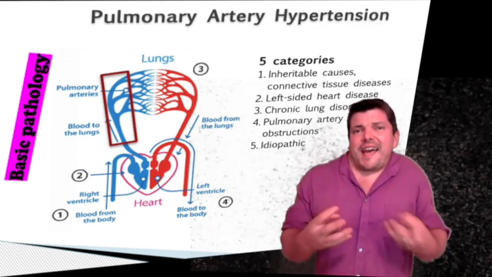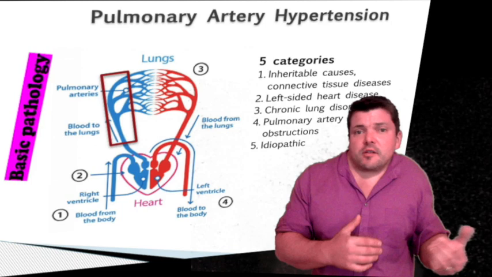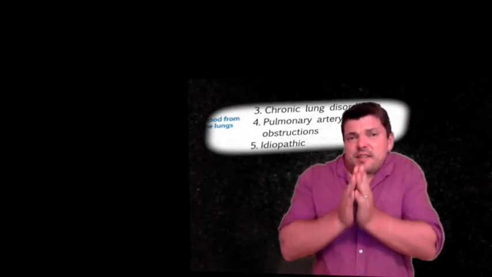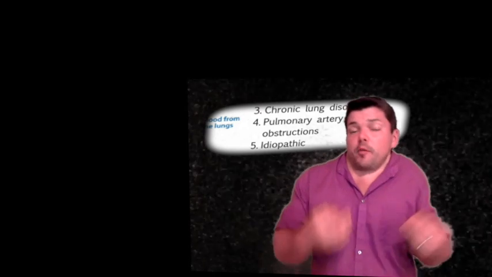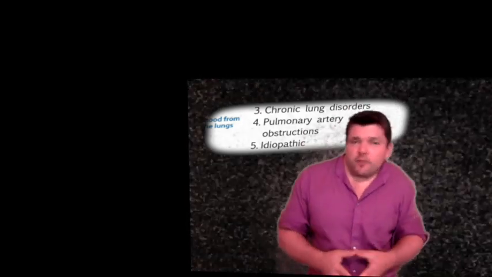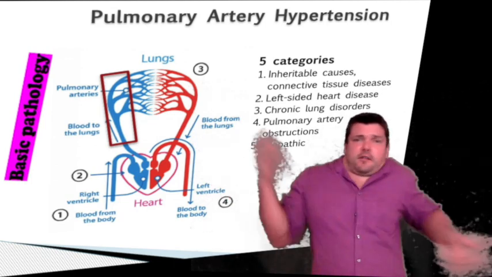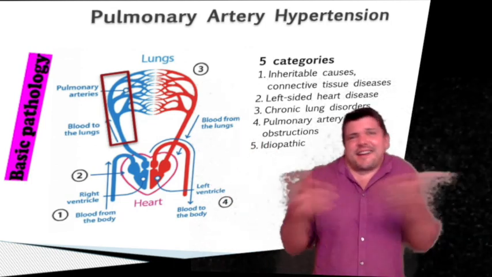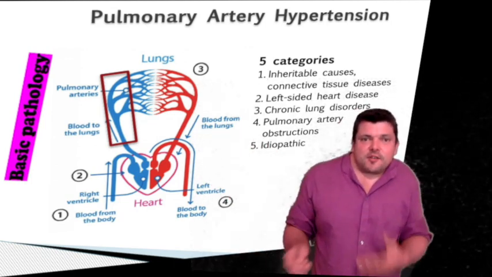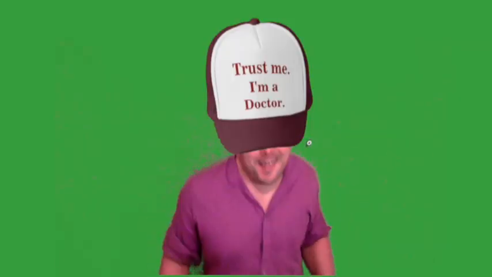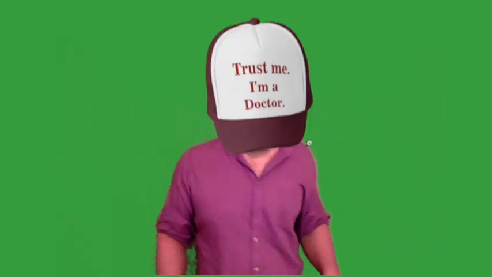The fourth category for pulmonary artery hypertension is pulmonary artery obstruction, as might be seen in, say, a pulmonary embolus, which we'll talk about in a few minutes. What if they just don't fit in any of those four categories? Well, then you got category number 5, which is idiopathic. A nice way of saying, I got no idea why you got pulmonary artery hypertension.